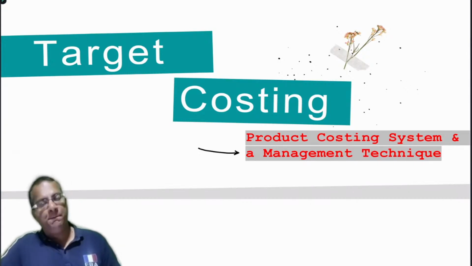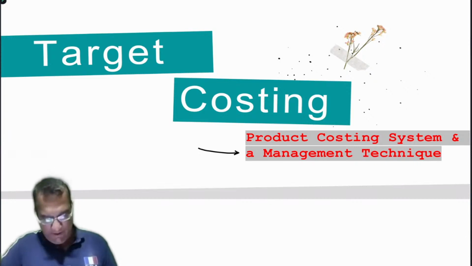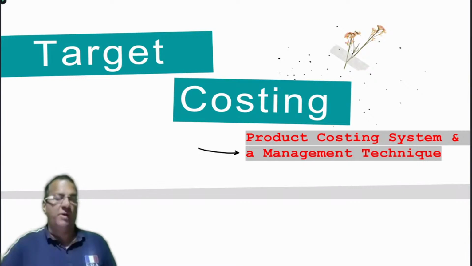Same point beta, next line. While in a competitive environment, the company is a price taker. Put price taker in inverted commas.